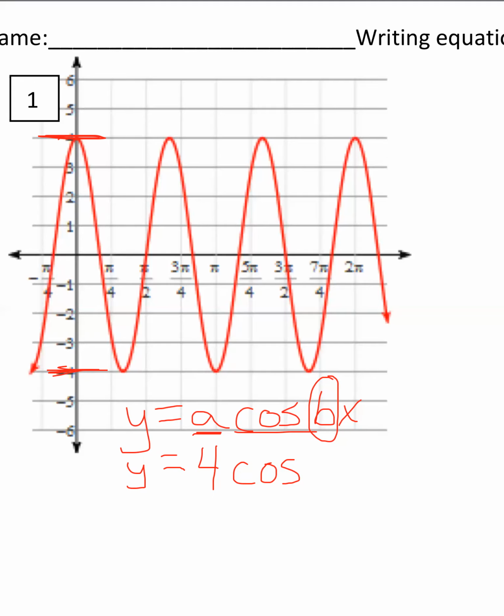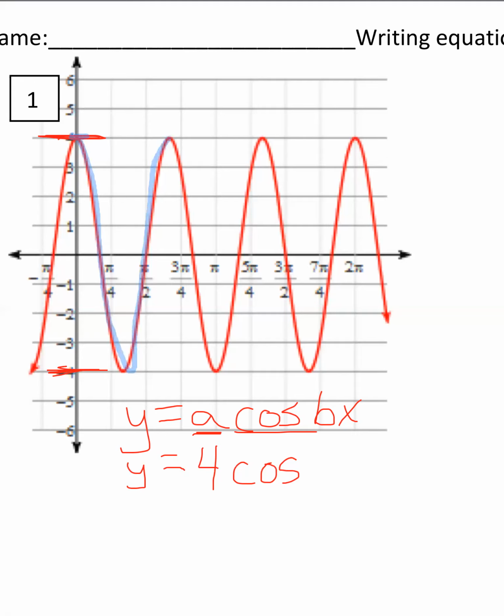And I mentioned there's two different ways. The first way to do it, let me switch to a highlighter of a different color so we can take a look. A cosine curve starts up high, it goes all the way down, and it comes back up.